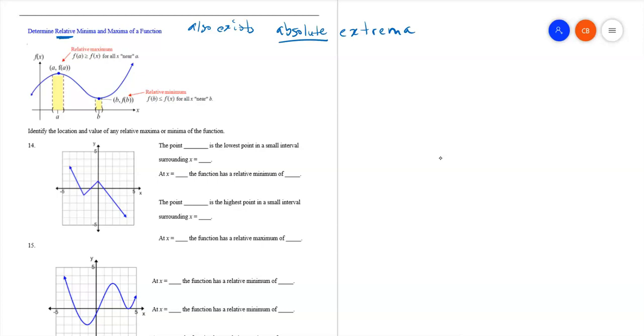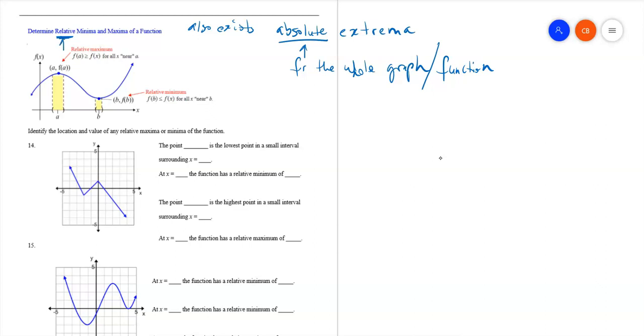The absolute one is for the whole graph, or else for the whole function. I'll just say for the whole graph because here we're mostly focusing on this idea of graphs, but for the whole graph or function. That's what it means, absolute. It means out of everything it's the maximum, or out of the whole function it's the minimum, whatever the case.